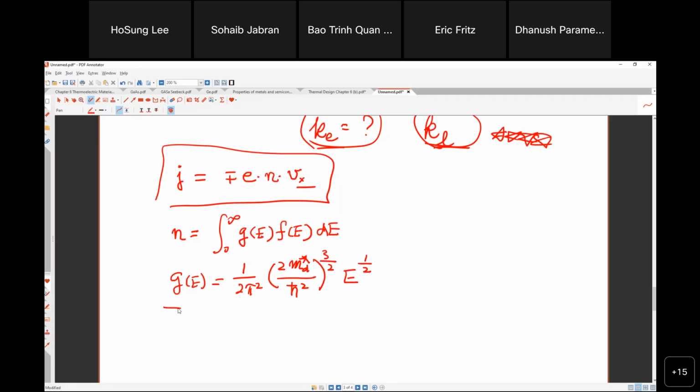This is what we got for the density of states in general, so we can plug in.